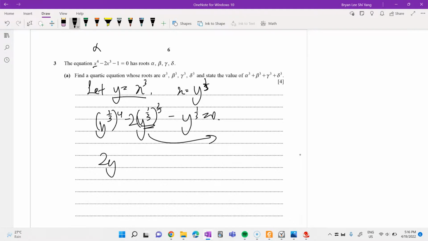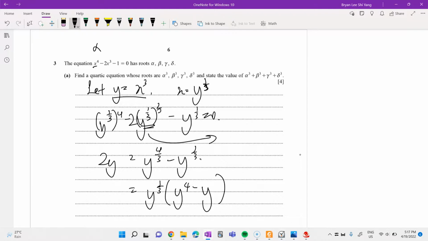So 2y equals y to the 4/3 minus y to the 1/3, equals y to the 1/3 times y to the 4 minus y, I think so.